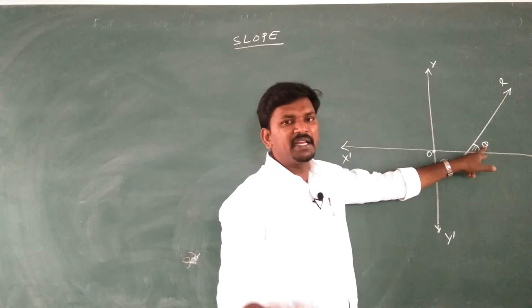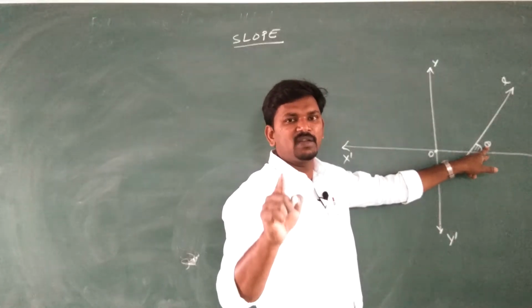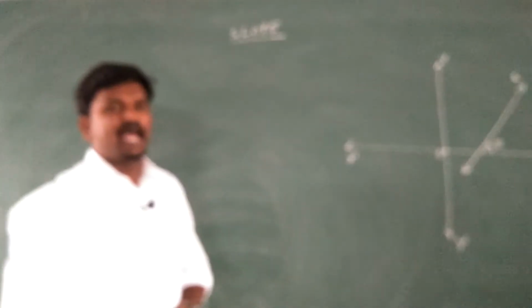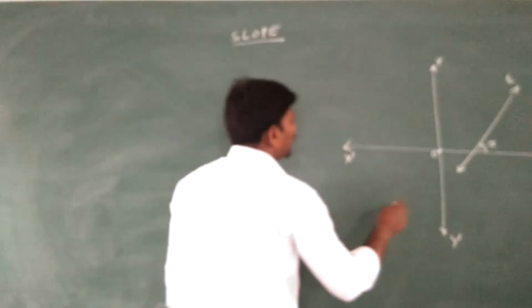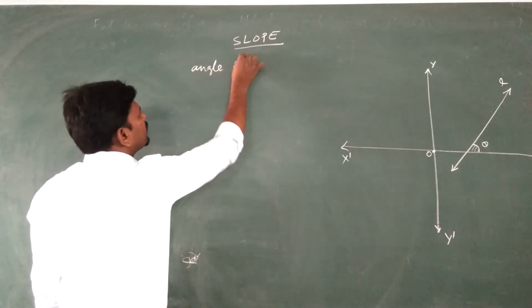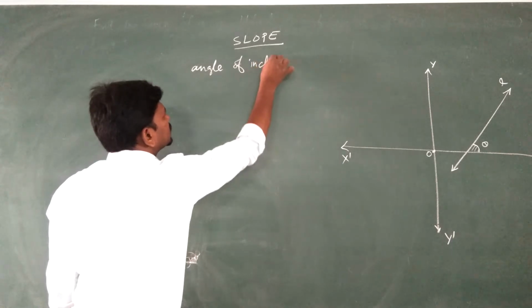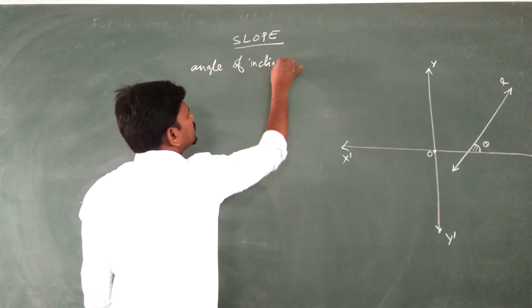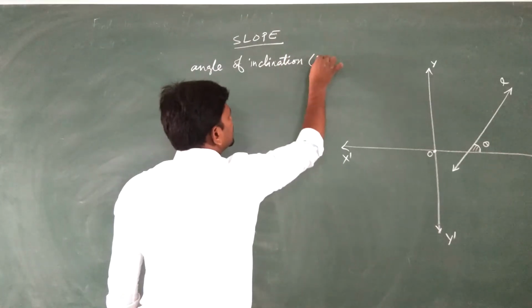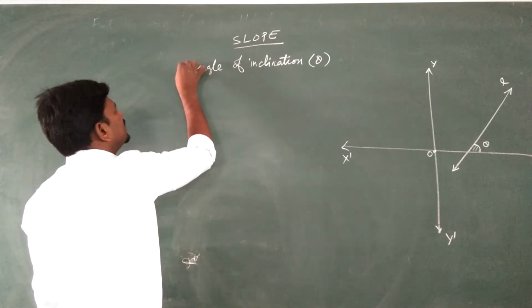The angle of inclination is generally denoted by theta. We will use theta to represent the angle of inclination.